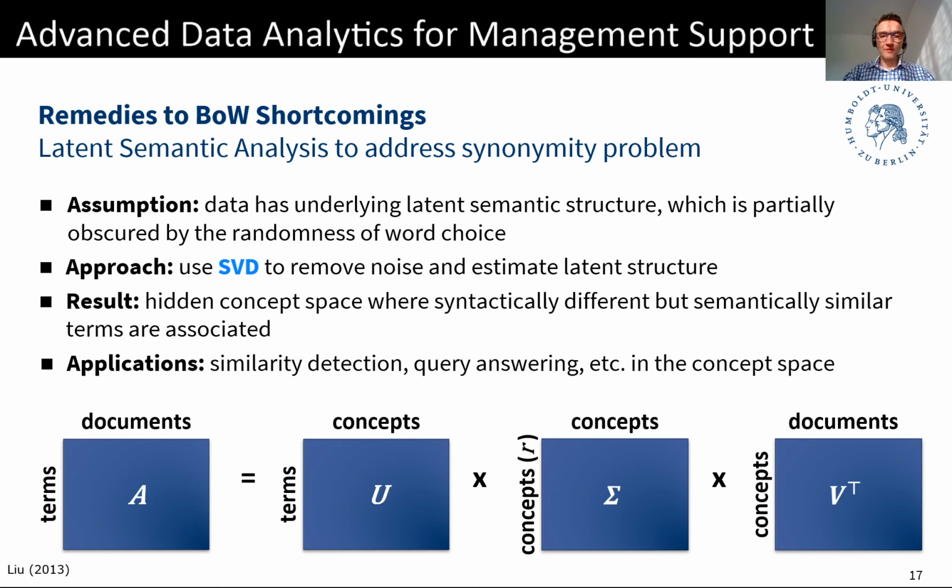Two words, same meaning: outstanding and excellent. We can discuss whether the semantics of outstanding and excellent are really alike, but I hope you agree with me that these words carry a rather similar meaning. It's the type of word you want to use when writing a reference letter, for example, right? But you will have both words in your document term matrix if you proceed in the way I was showing you.